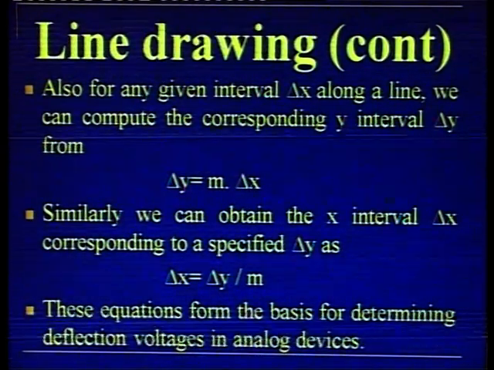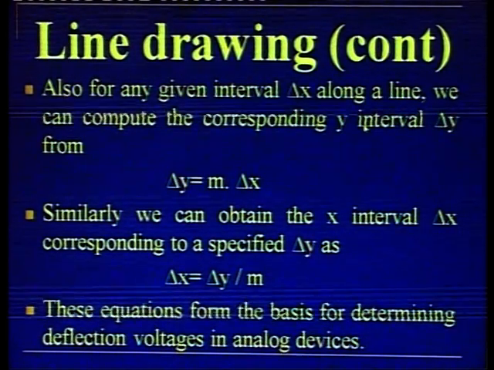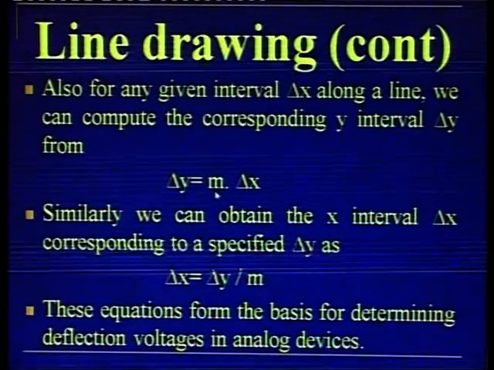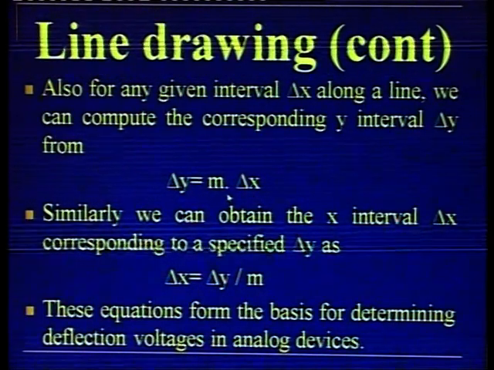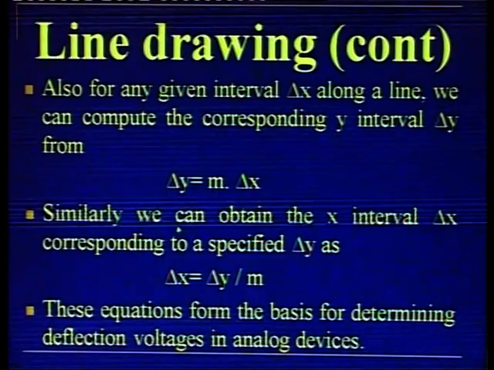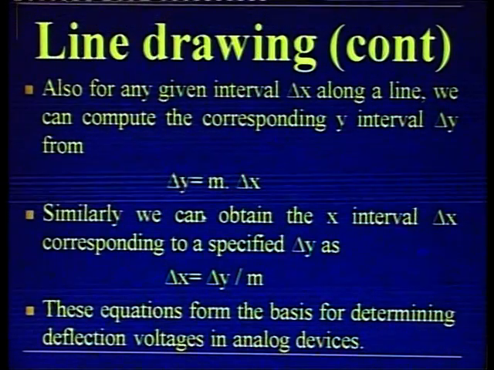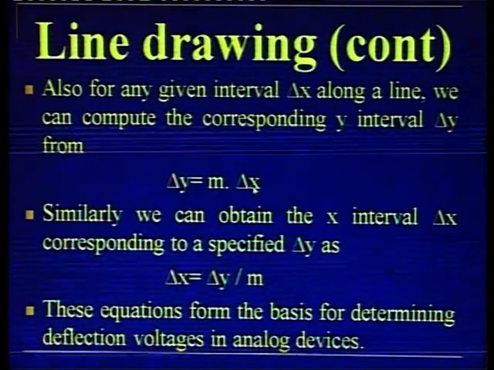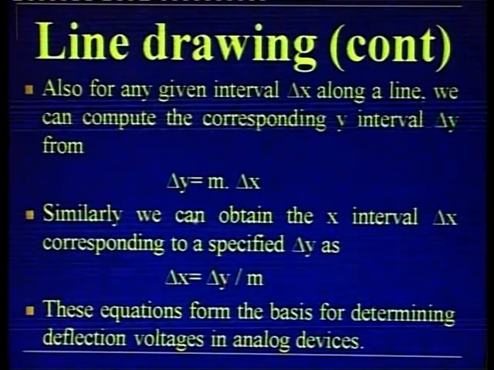From that we can compute the corresponding y interval, that is delta y. From this equation, delta y equals m into delta x, where m equals y2 minus y1 upon x2 minus x1, and y2 minus y1 is called delta y, x2 minus x1 is called delta x. From that we can compute.